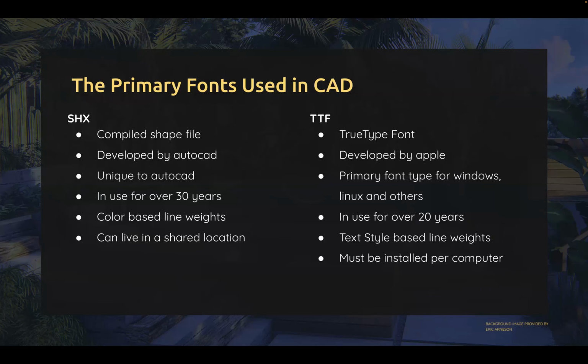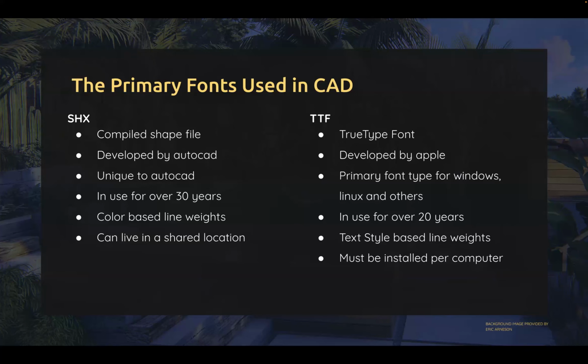This next point, color-based line weights. I don't know if that's necessarily the best way to word it, but SHX fonts are treated like your lines or polylines in CAD. Their line weight is going to be determined by their layer and color setting, and that's going to tie into your CTB file. The main takeaway there is I see this in the debate online about SHX versus TTF.